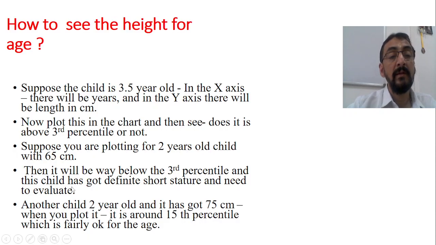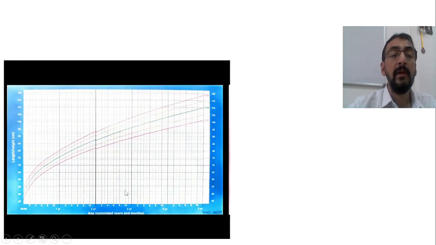Then suppose you are plotting the 2 year old child with 65 centimeter, then it will be way below, very below, isn't it? Too much below the third percentile line, and the child has definite short stature and needs to be evaluated. This may be mostly some endocrinal problem like growth hormone problems, dwarfism.